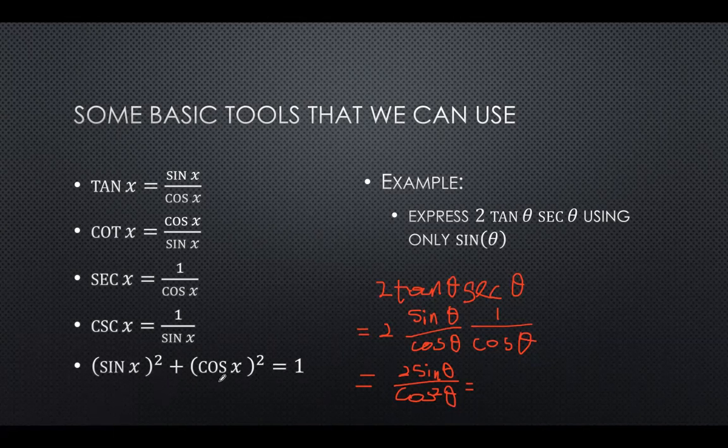Since sine square plus cosine square is equal to 1, cosine square is 1 minus sine square. And now we only have sines in our expression for 2 times tangent times secant, and we're done here. Any questions?